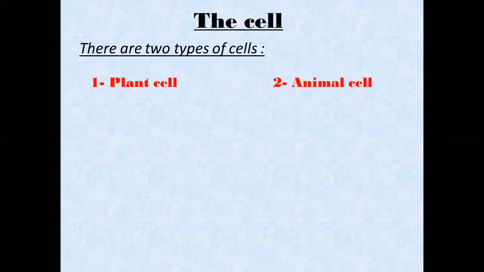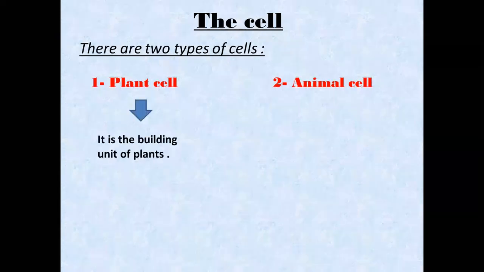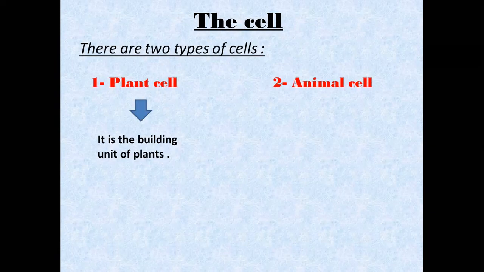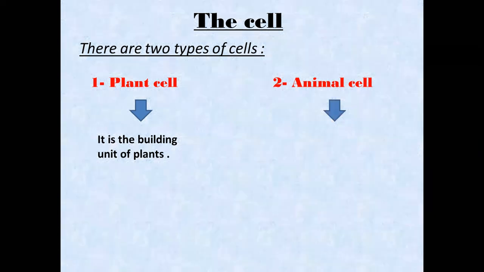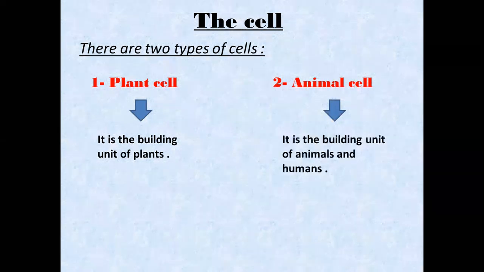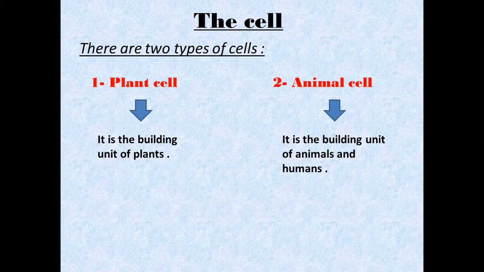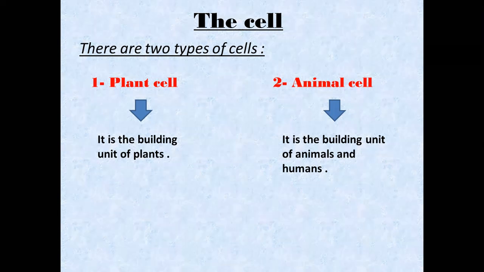Plant cell means the building unit of plants, plants only. And animal cell is the building unit of animals and humans. Again, plant cell is the building unit of plants only, but animal cell is the building unit of animals and humans.